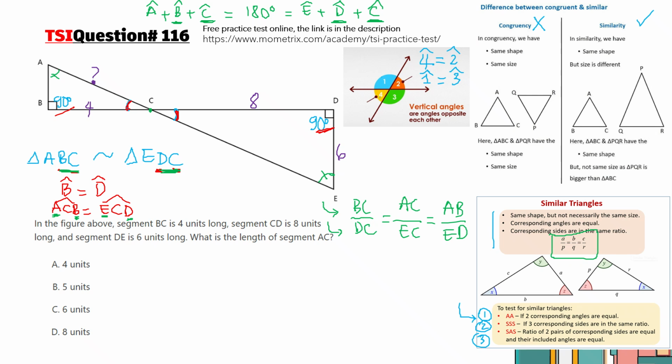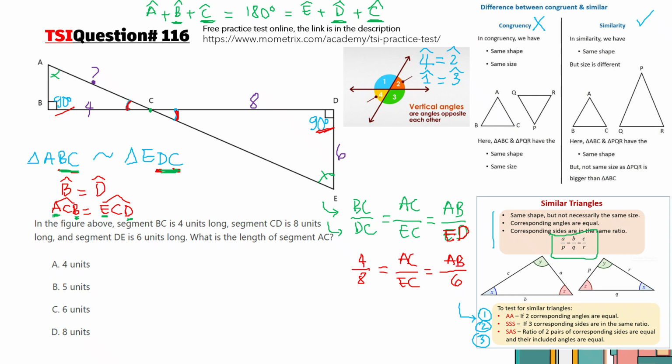And now let's just plug in to see how we can solve this. So BC is 4 over DC is 8. That equals AC over EC, which is unknown, equals AB, unknown, over DE is 6, or ED is 6.